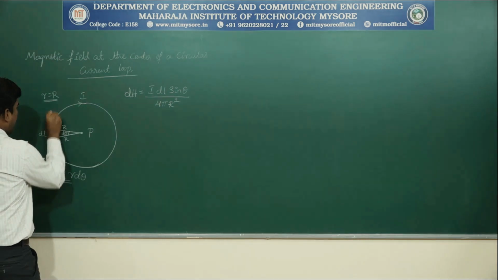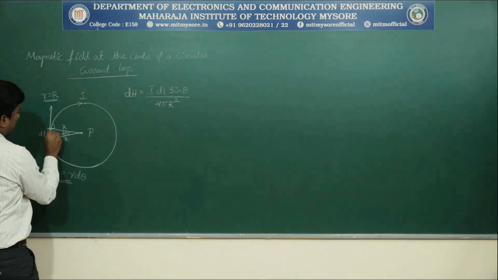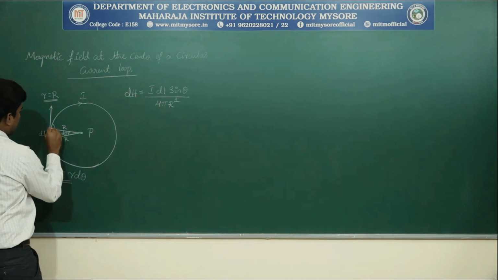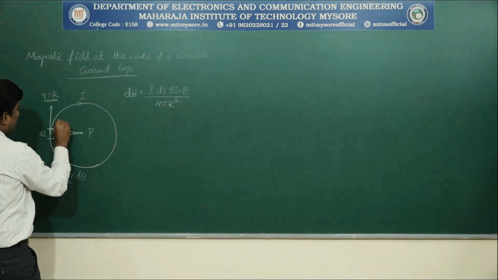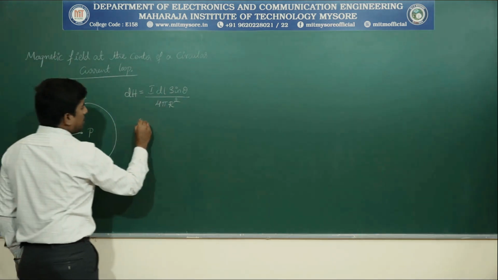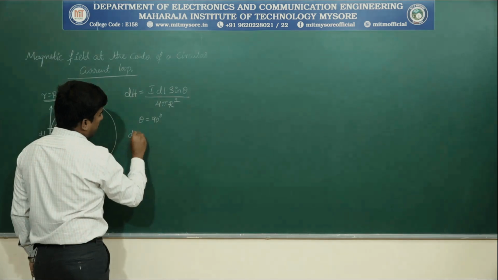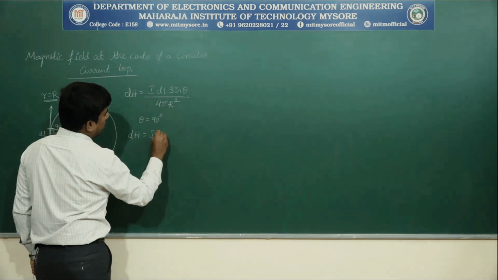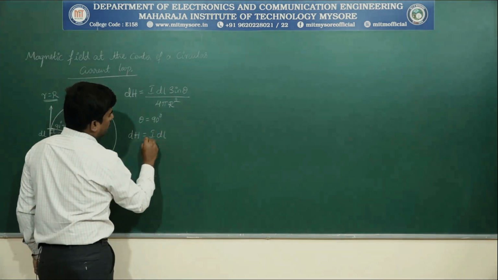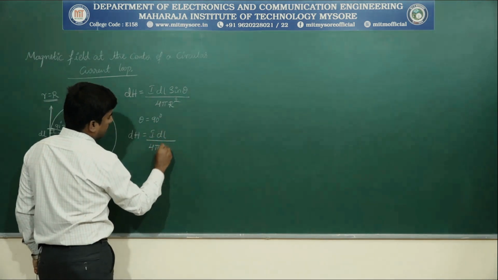Here at this point the magnetic field intensity is at 90 degree. Hence theta is equal to 90 degree. Therefore dH can be written as I into dl into 1 divided by 4 pi r square.